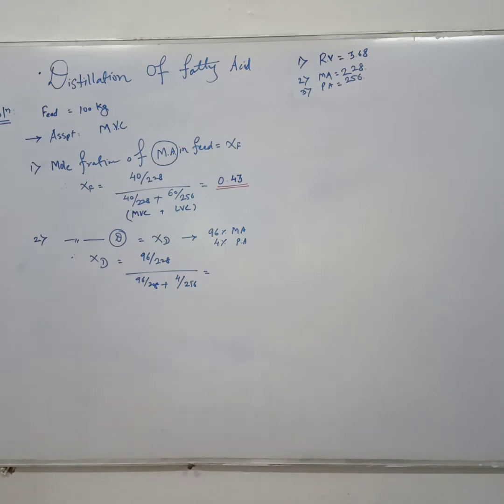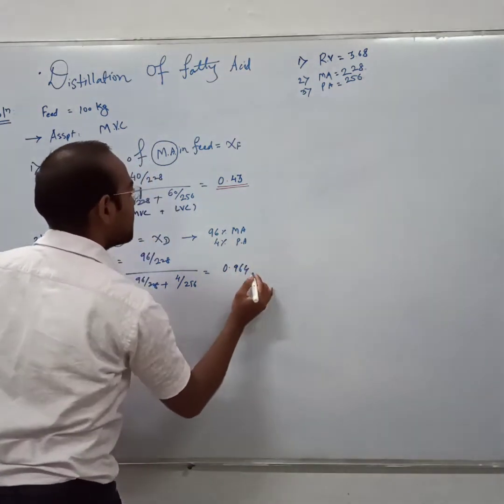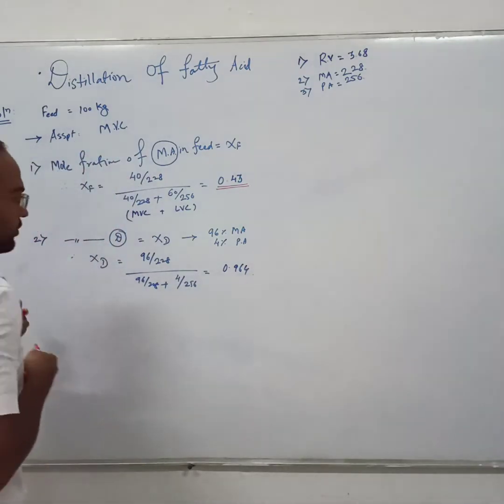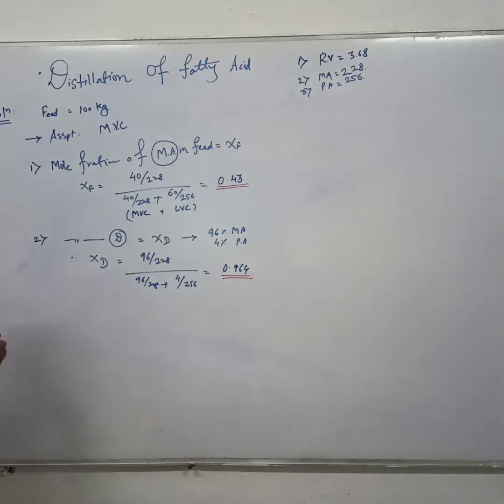Okay. So what are we getting? We are getting 0.964. This is another value, XD. Now just one value is remaining.